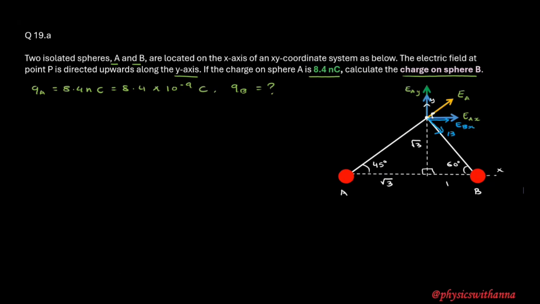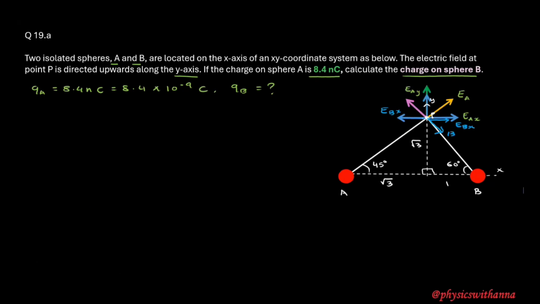That will not cancel it, it will add to it. Therefore, sphere B must also have a positive charge and its electric field at point P must go away from sphere B. And when you show its x component, it must be opposite to EAX. Only then can they cancel each other.